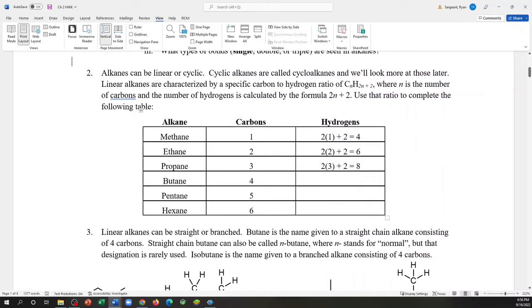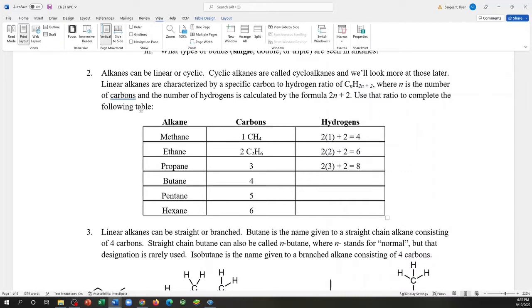Alkanes come in a variety of flavors, so methane, ethane, propane, butane, pentane, hexane, and the corresponding number of carbons. The formula for methane is CH4. That's the chemical formula. For ethane, it's C2H6.